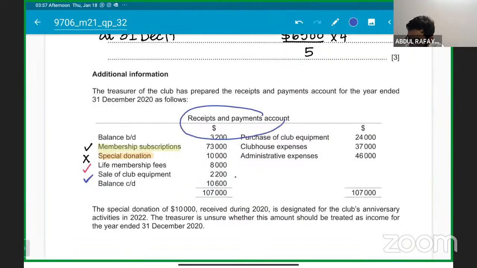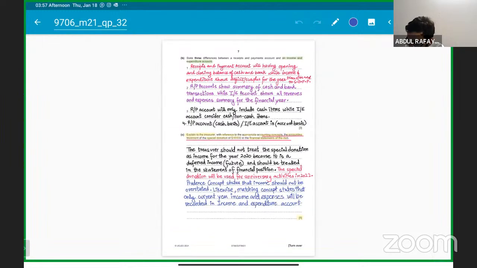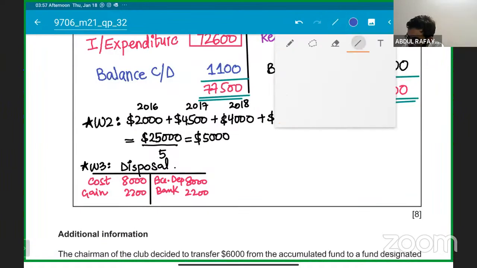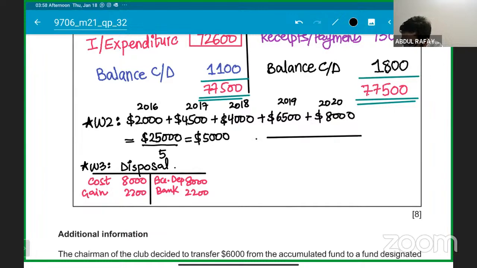You can see receipts and payments account credit. So this Clubhouse expense account will be debited, Clubhouse expenses 37,000. Okay, so how much will be the income and expenditure account? That is coming 37,000 minus 2,660. Everyone got this clear? Students understanding? Now, quickly let's do it here, the administration one, because that is a bit tricky and understanding is important here.